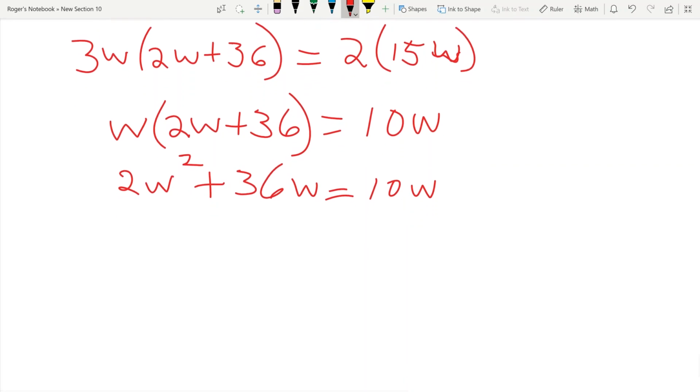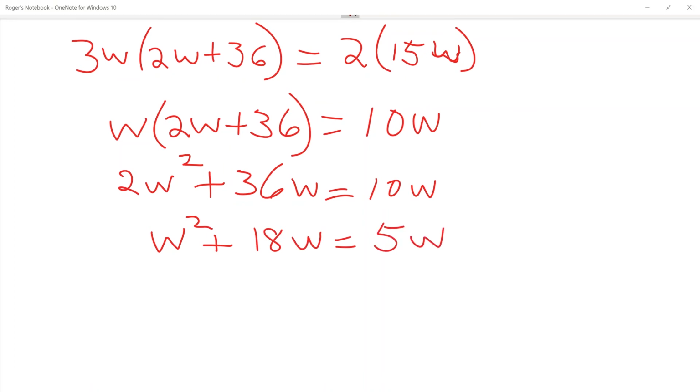In fact, we can divide everything by 2 again if we want. If we divide everything by 2, 2 into 2w squared just is w squared. 36 divided by 2 is 18. And 10 divided by 2 is 5. Now bring the 5w to the left.